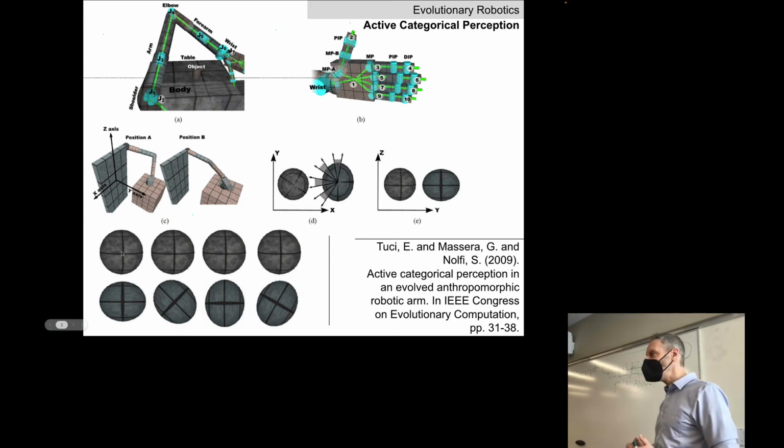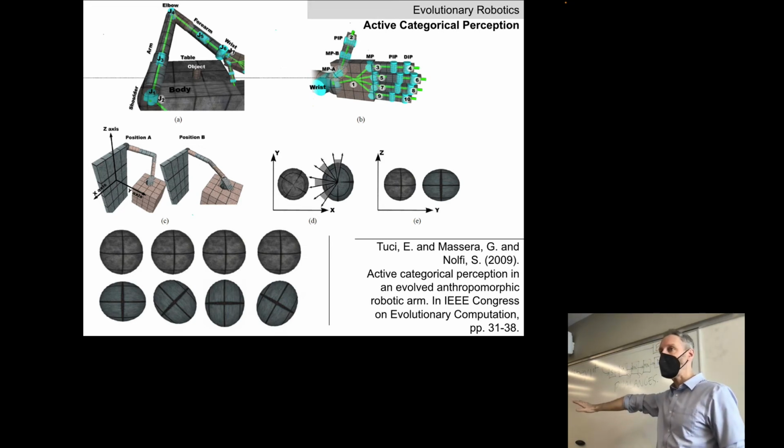And then we're going to take the sphere and do the same thing. But of course, the sphere, it doesn't really matter how we rotate it horizontally. It's always the same presentation. So we're going to try and evolve a robot that's blind. It has no camera. It can't see these objects. It's going to have to feel both of these objects and tell us whether it is manipulating a sphere or an ellipsoid. So far, so good?